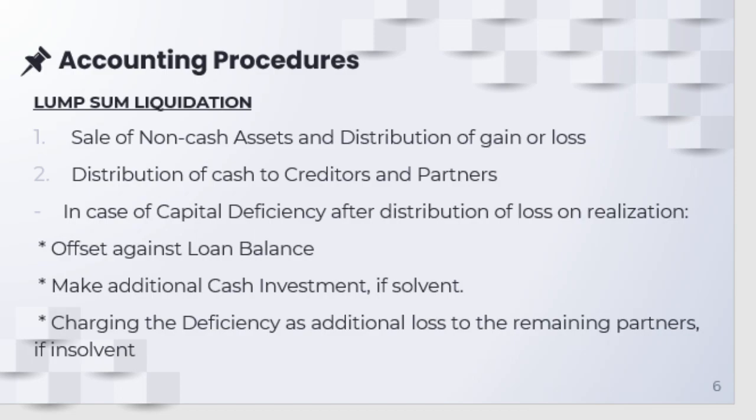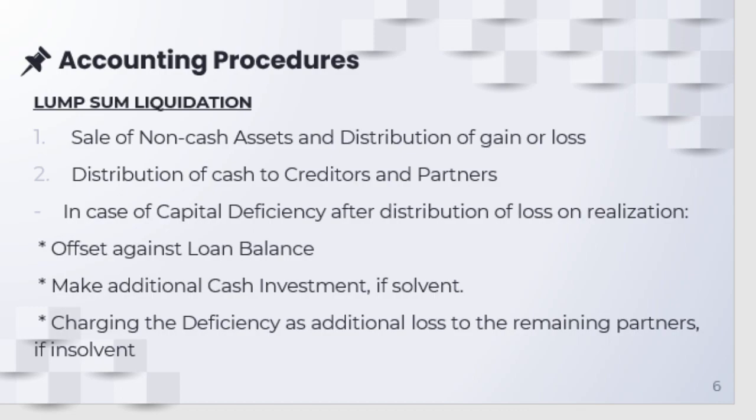Kung yung loss na yon is mas malaki kesa sa existing capital balance ng partner, magkakaroon talaga ng capital deficiency or magne-negative yung kanyang capital. So, ang tawag doon is capital deficiency. Kapag sinabi namang realization, ito yung conversion of non-cash assets into cash. So, nagkaroon ng loss, so magkakaroon talaga ng negative na capital.